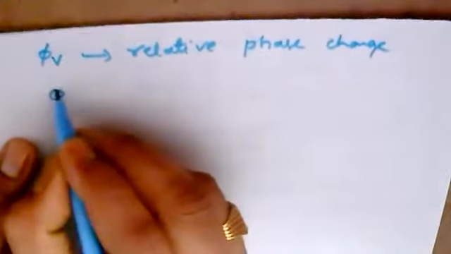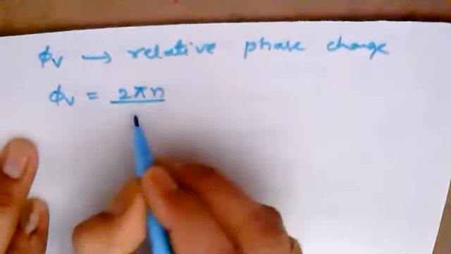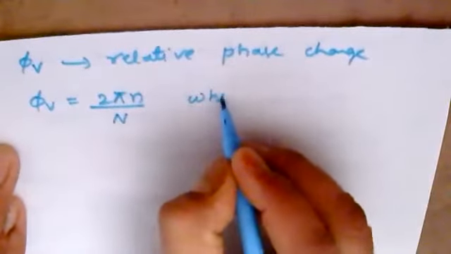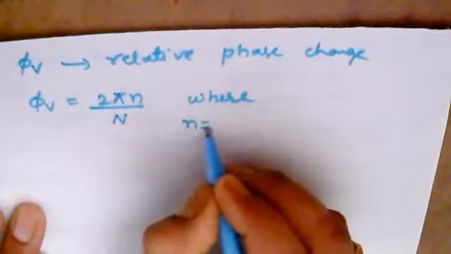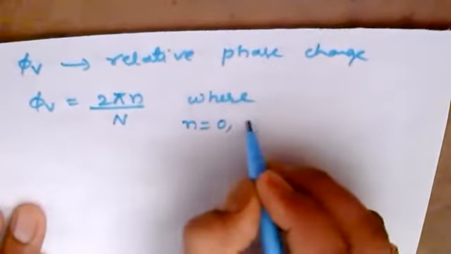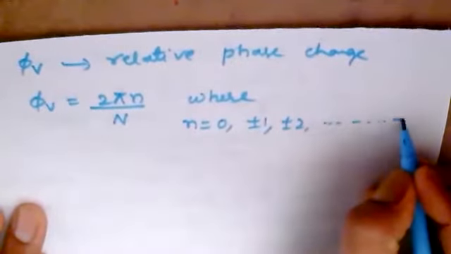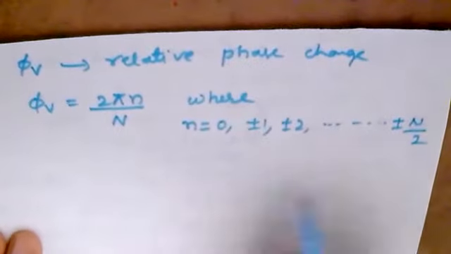Then we have an expression given as 2 pi n by N, where n can take the values n is equal to 0, plus or minus 1, plus or minus 2, and it can also be plus or minus N by 2. So N should be an even number.